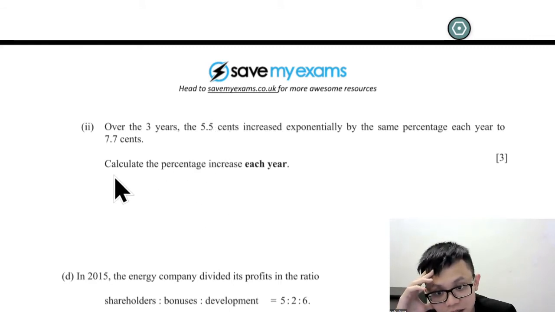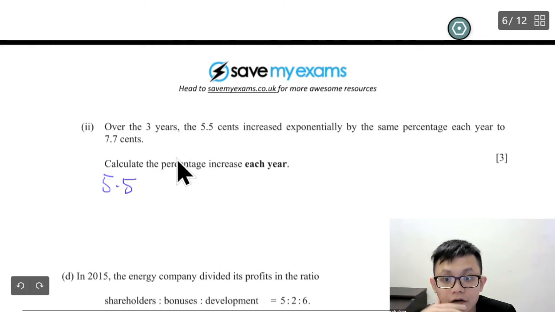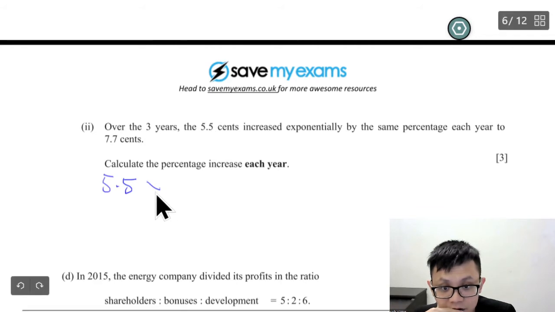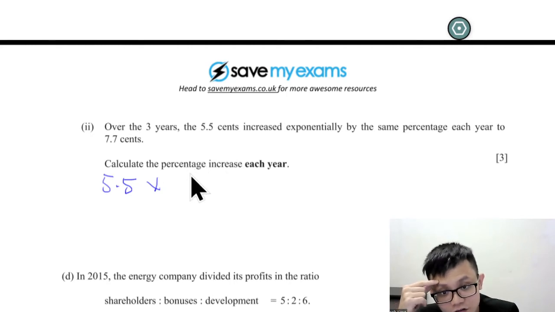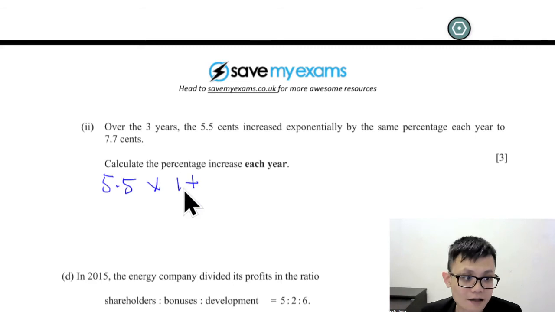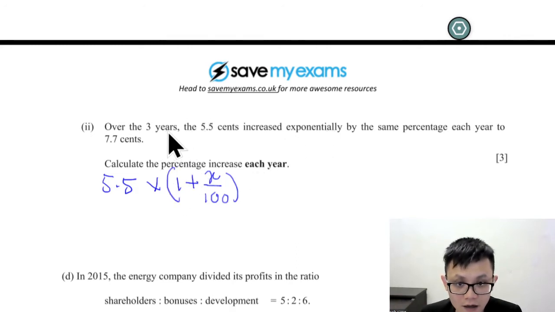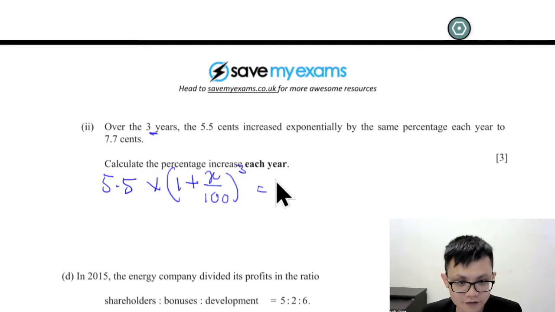So we use the original amount 5.5 times 1 plus x over 100, to the power of 3 years, equals 7.7.